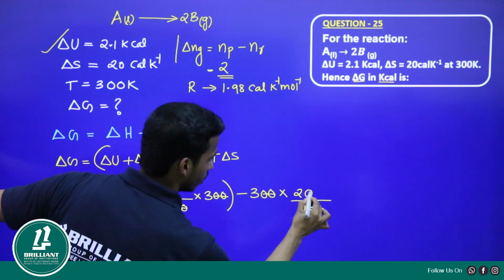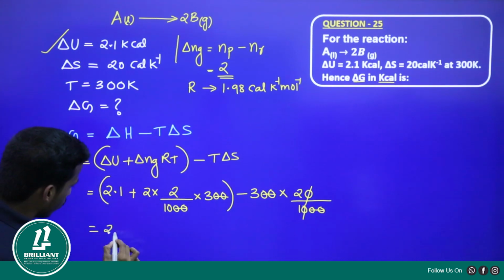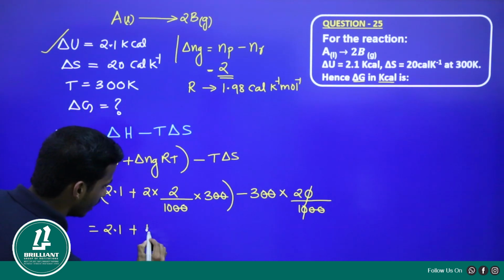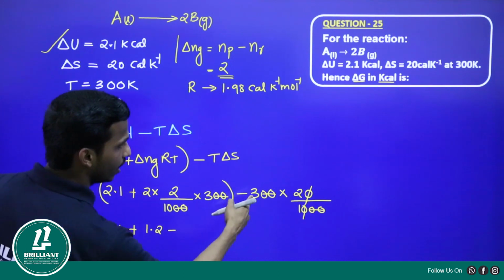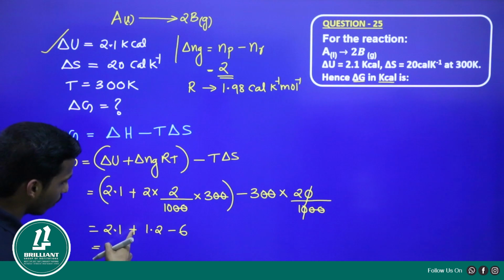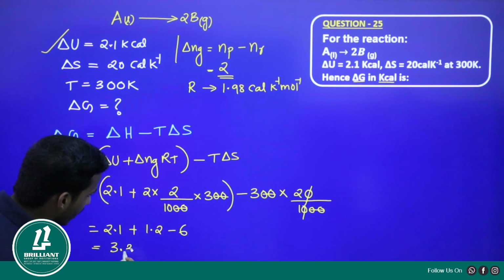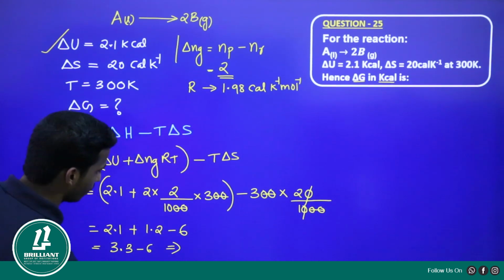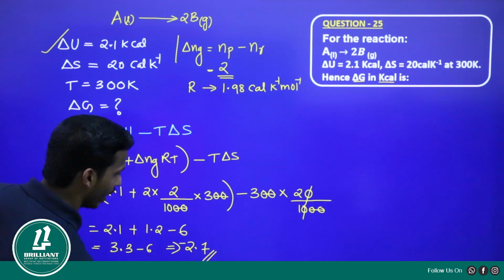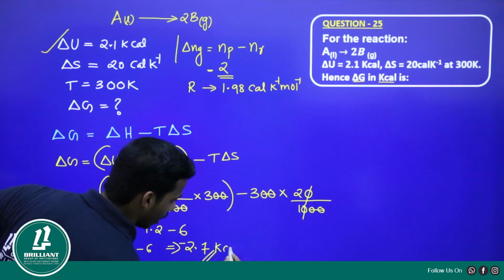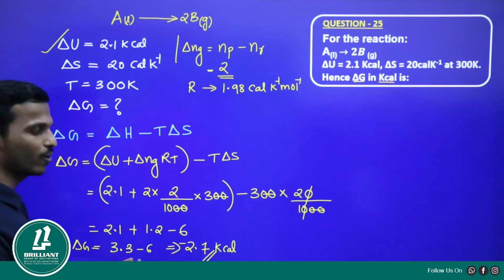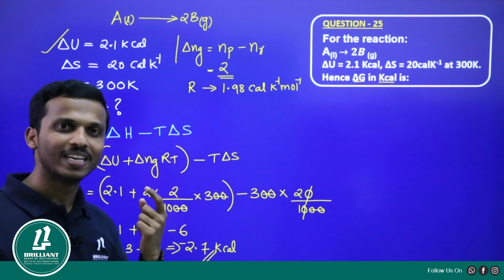What do you get? 2.1 plus 2 into 2 is 4, 4 into 3 is 12, 12 by 10 is 1.2, minus 3 into 2, that's equal to 6. So 2.1 plus 1.2 is around 3.3, minus 6, that's equal to minus 2.7. What is the unit? Kilocalories. So the delta G value is minus 2.7 kilocalories.